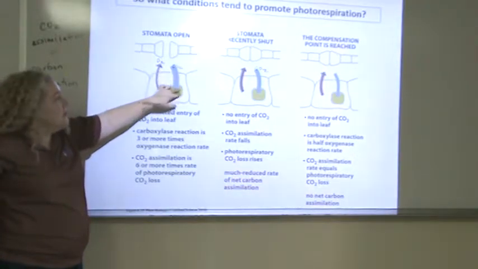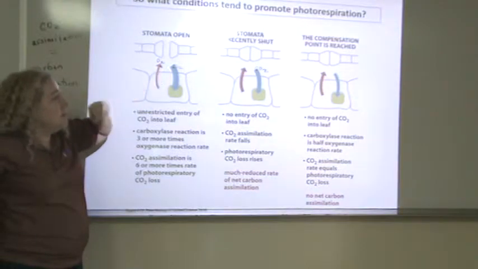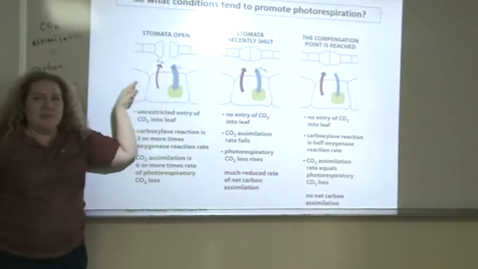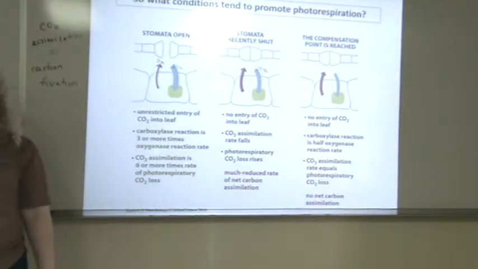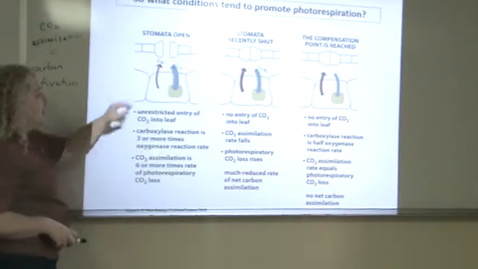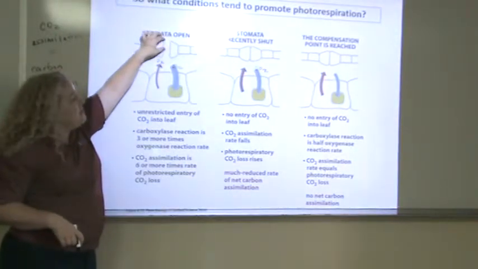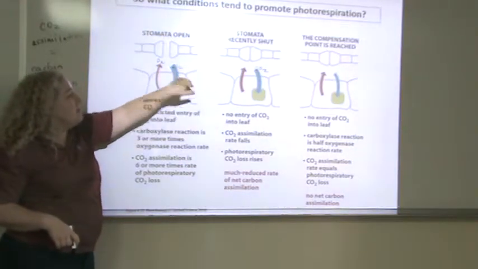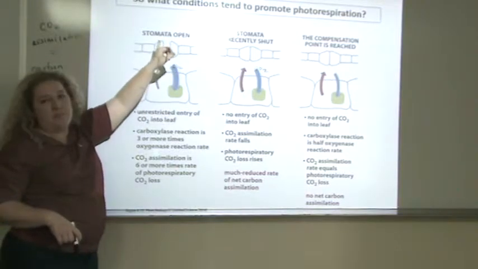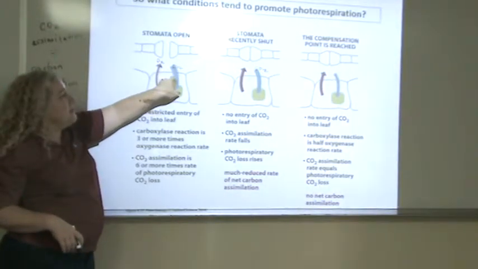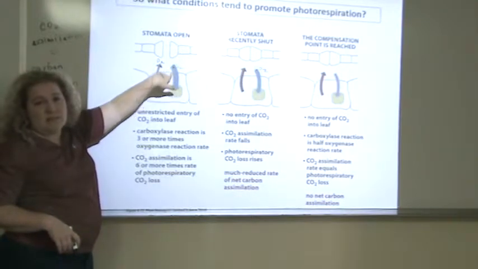So we've got CO2 coming in, oxygen going out. In these pictures, the fatness of the arrow tells you how much of that substance. So on a normal day, when the stomates are open, we've got CO2 diffusing into the plant, oxygen diffusing out of the plant. And there's more CO2 than oxygen inside this space.